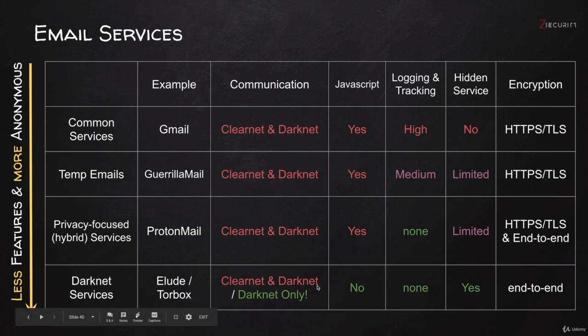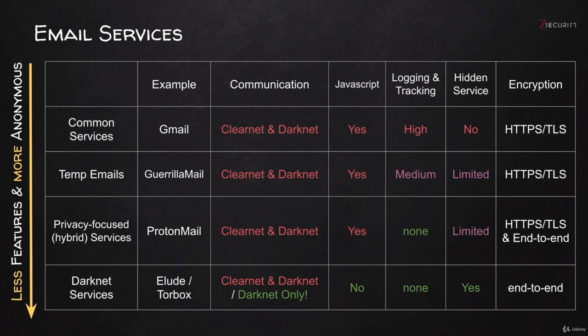Some of these providers allow you to communicate with both ClearNet and darknet addresses, such as Elude. And we also had an example of Torbox, which is a provider that only allows you to communicate with darknet addresses. Now, this is great because, like I said, it keeps you limited and it keeps you as anonymous as possible. Now, it goes without saying that none of these services track you, none of them keep logs.